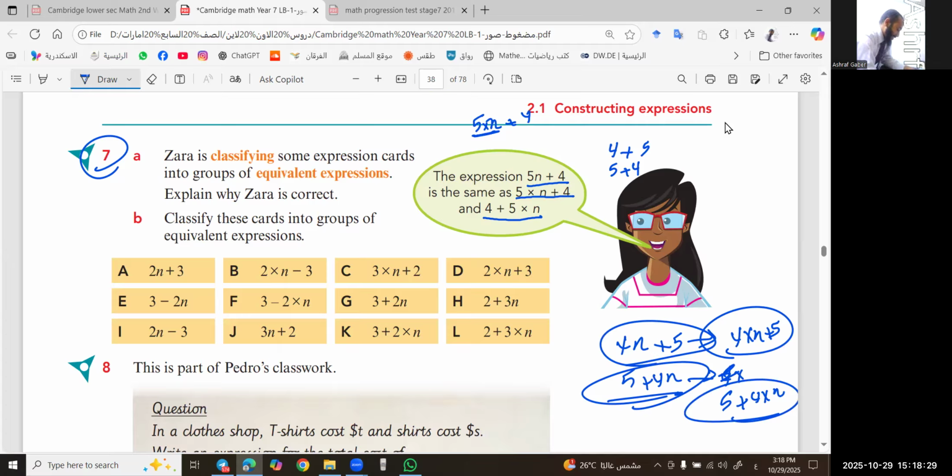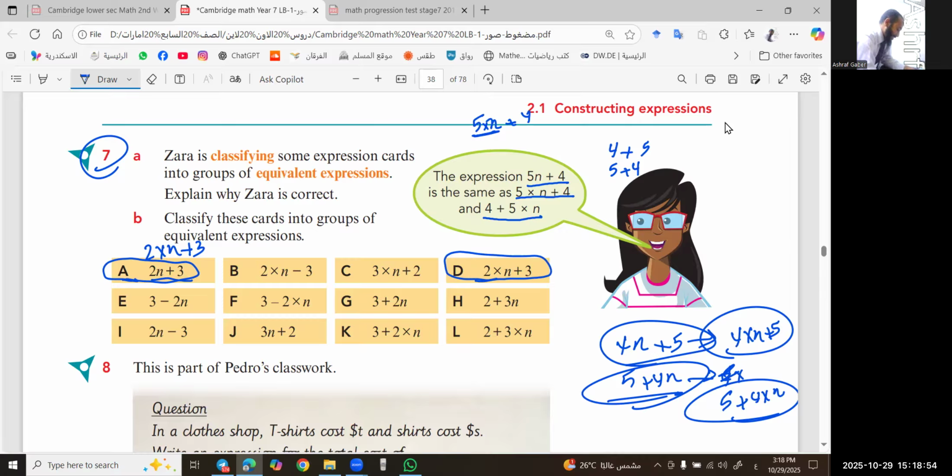Okay, in this exercise, 2n plus 3 equals what? This equals 2 times n plus 3. Here, which of them are alike? Yes, A and D are alike. And do we have the same as well? Yes.